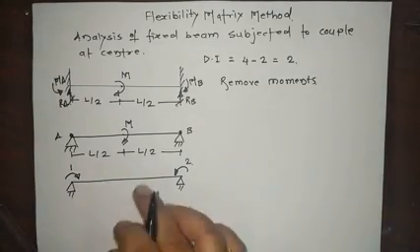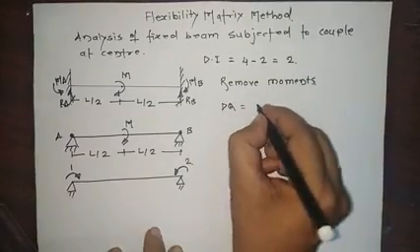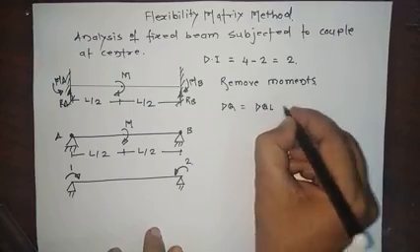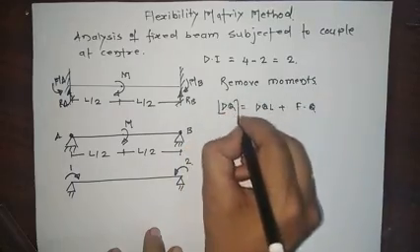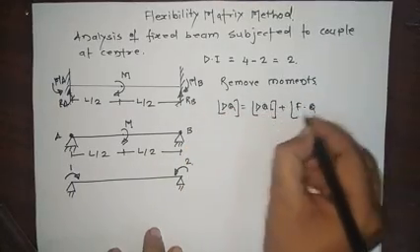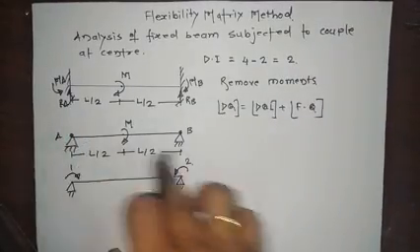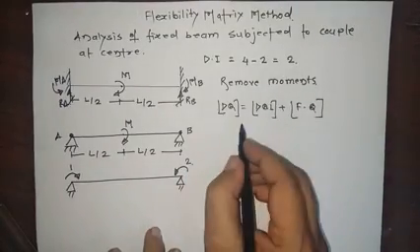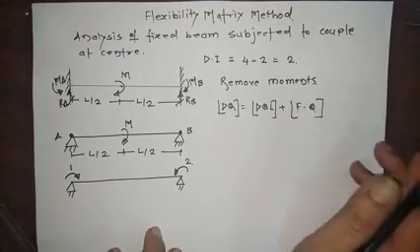Okay. So now we know the formula is dq is equal to dql plus F into Q. dq is the initial displacement at coordinate 1 and at coordinate 2, that is 0, 0. F is the flexibility matrix, Q is the unknown force matrix.